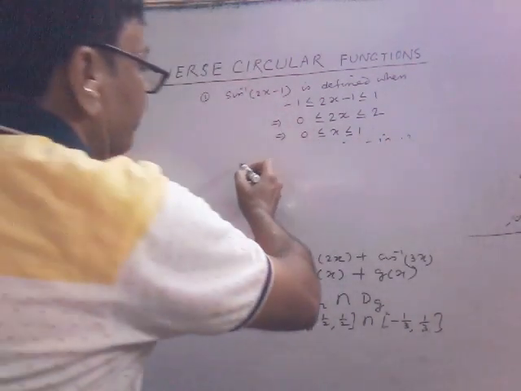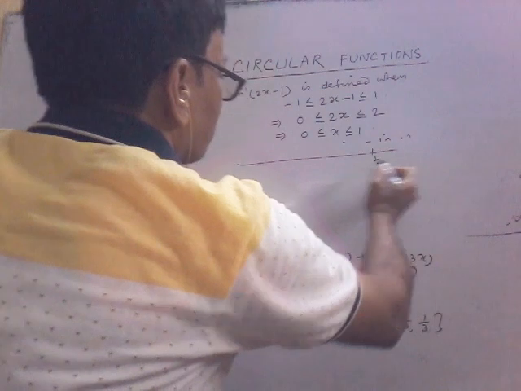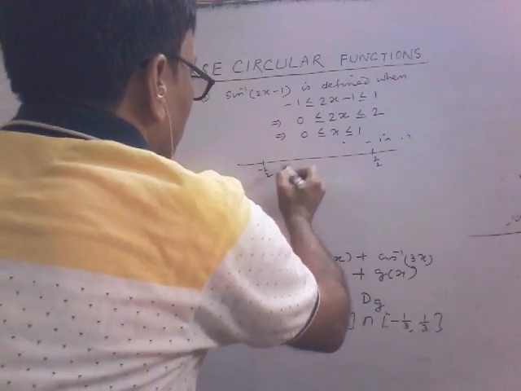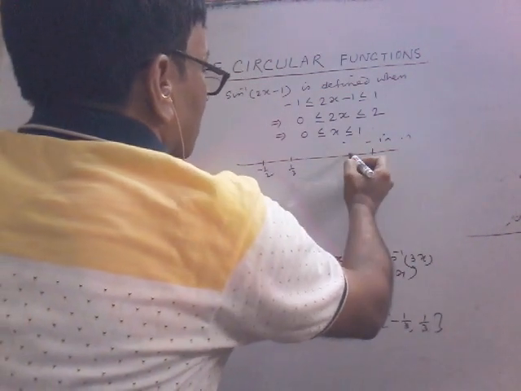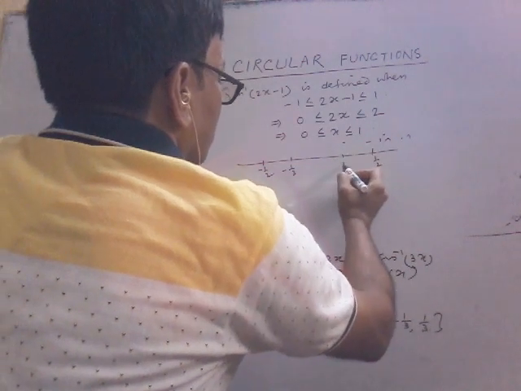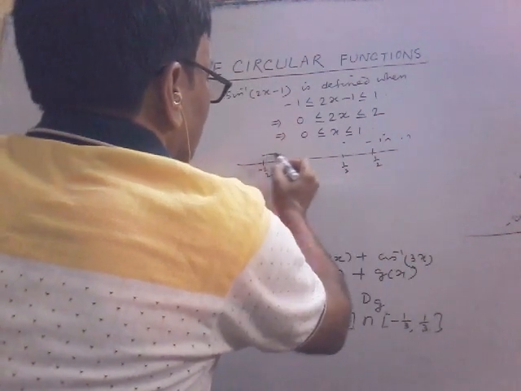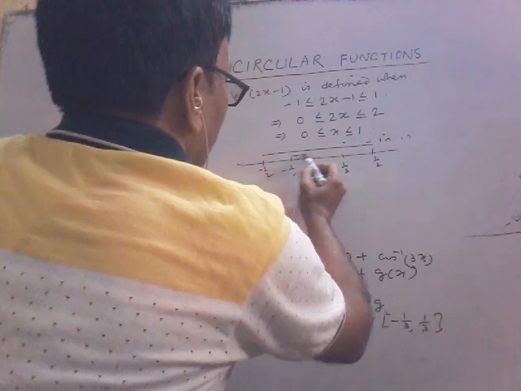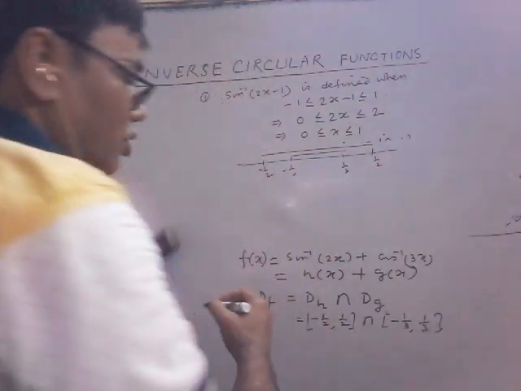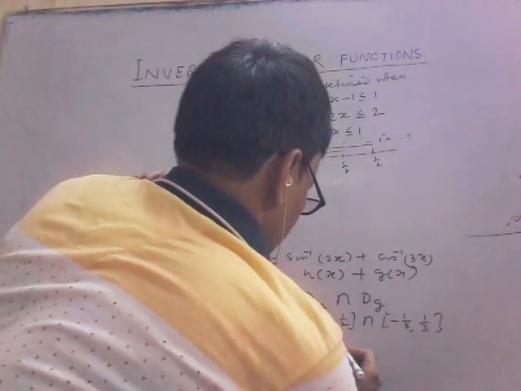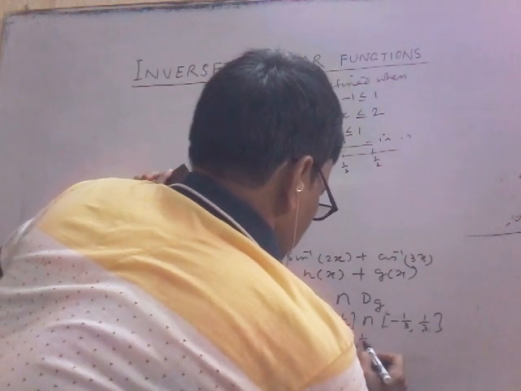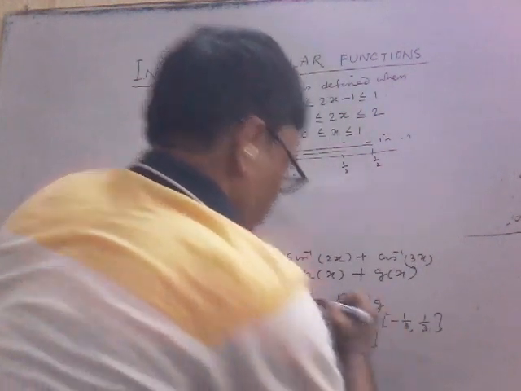You look, half, minus half, 1 by 3, minus 1 by 3, this one and this one. So what is the domain? Domain equals minus 1 by 3, 1 by 3.